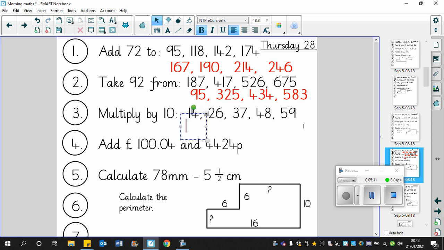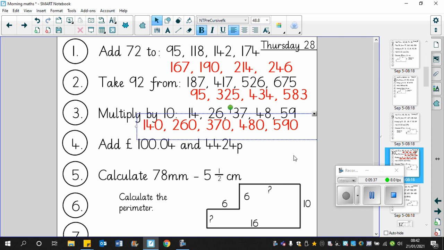So 14 multiplied by 10 is 140. 26 is 260. 37 is 370. 48 is 480. I'm going to run out of space, so let's stretch this way. And 59 is 590. There we go. Okay, next question is question number 4.